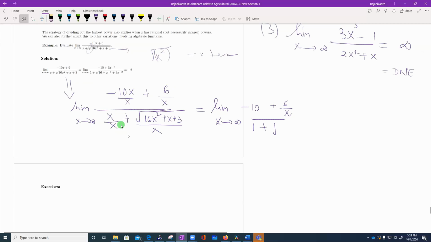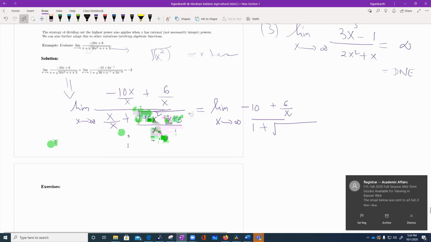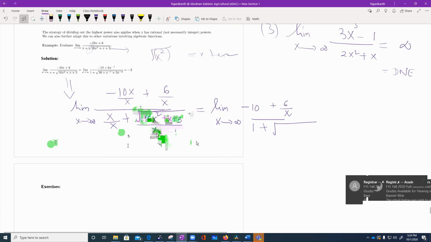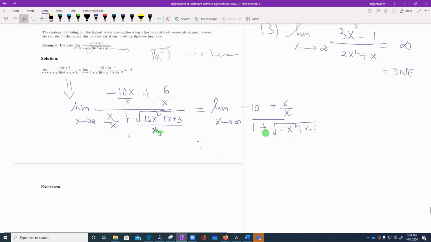Okay, now the catch is, how are you going to divide this inside function by x? Remember, the inside function has a square root, and this doesn't. So what I want to do is make this also a square root to match up with this square root, right? Therefore, I am creating a square root here. x could be written as the square root of what? So I am replacing x by the square root of x squared.